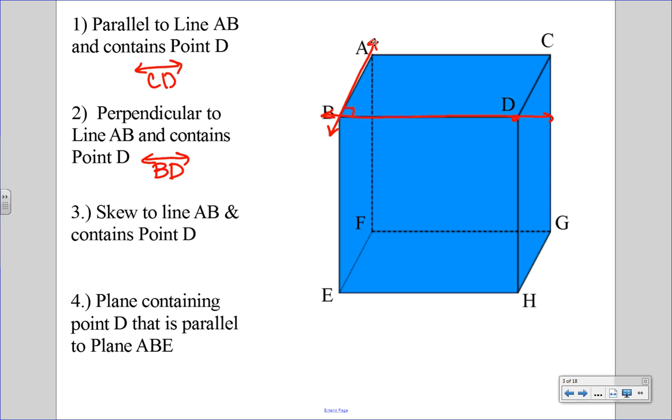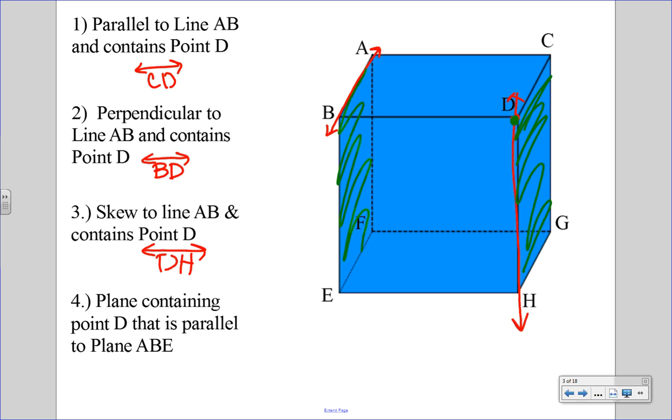Next one is we have to find something that is skew to AB that includes D, and so something skew would be line DH. And the very last one says, we have to find a plane that's containing point D and is parallel to plane ABE. Well, what's parallel to this is plane CDH.